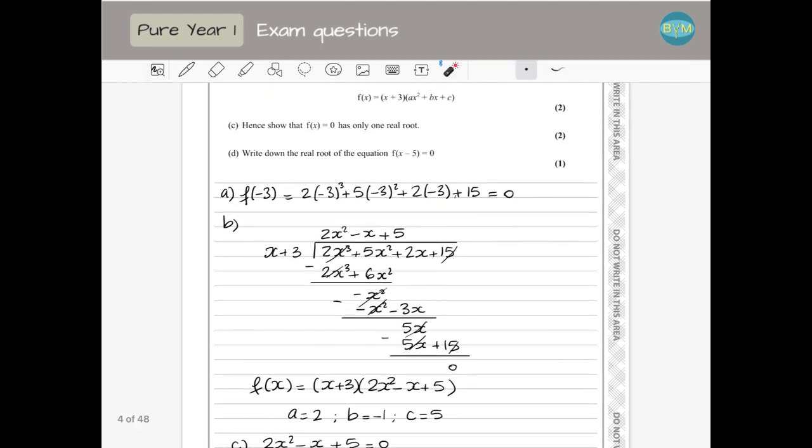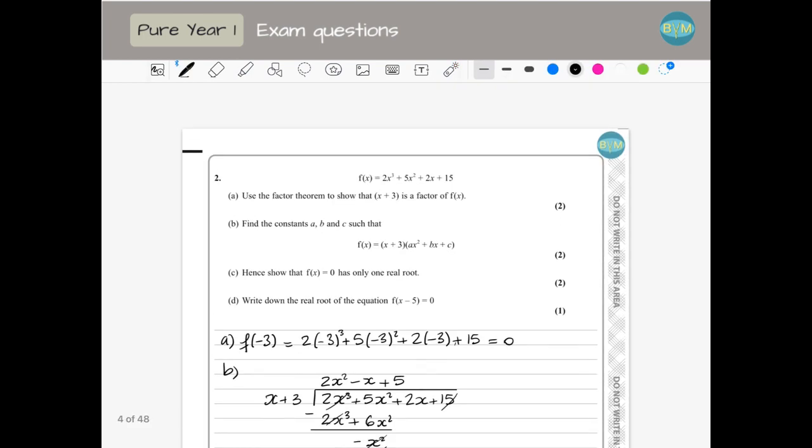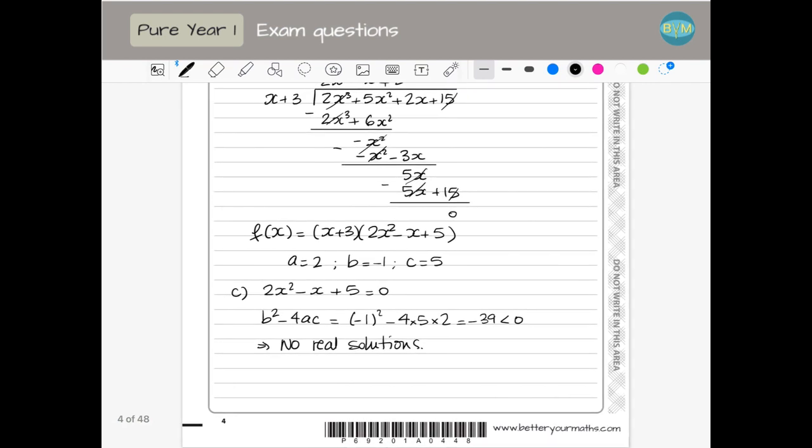Then the last bit says, write down the real root of the equation f(x minus 5) equals 0. So we know the root of f(x) equals 0. We know f(minus 3) is 0. So f(x) has a root at minus 3. But they are asking us f(x minus 5).